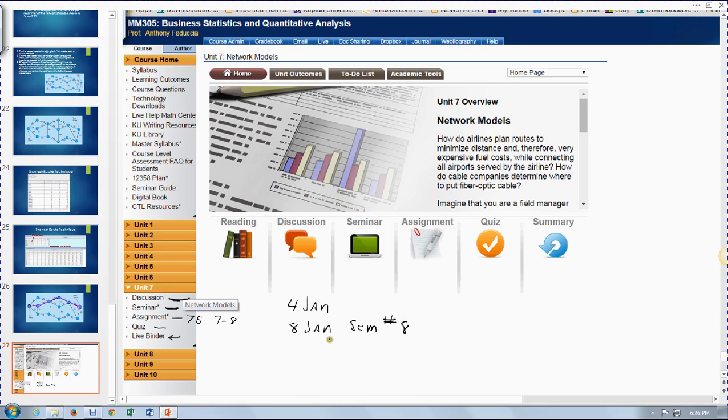All of the work for Unit 8 has to be completed by January 13th. That's the next Tuesday, as usual. Unit 8 assignments, all the work for Unit 8 has to be in by Tuesday the 13th of January.